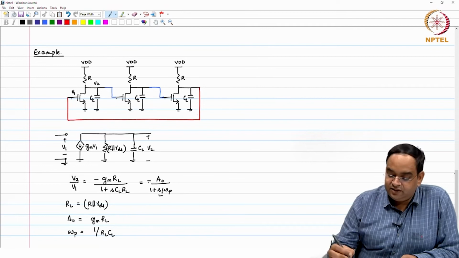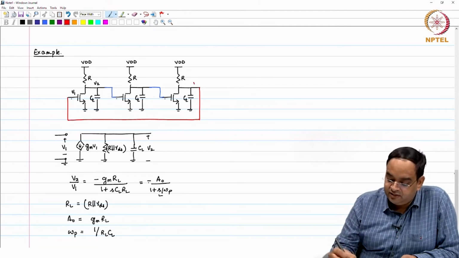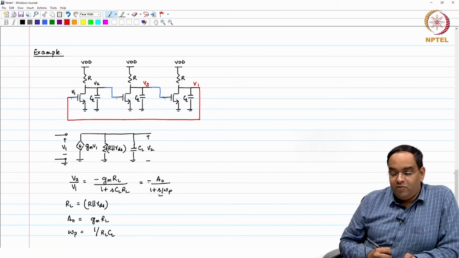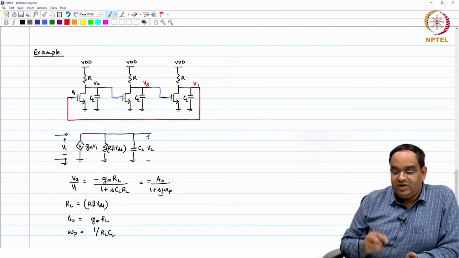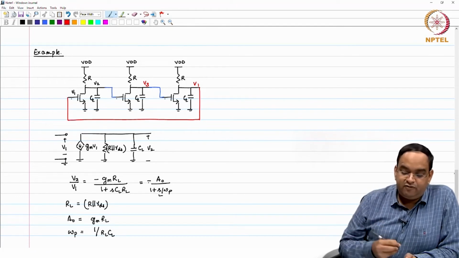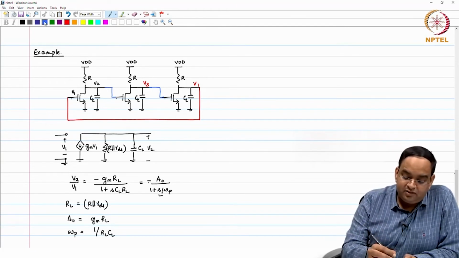Okay. And let us treat these as V1, V2 and V3. So, from V1 to V2, V2 to V3 and back to V1, it forms one single system like this.